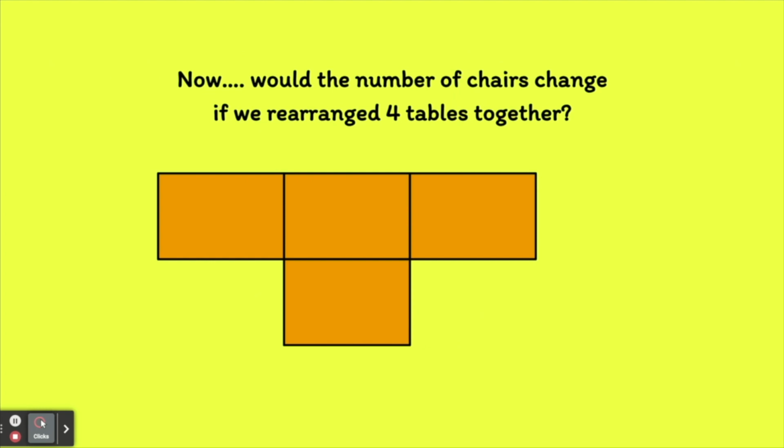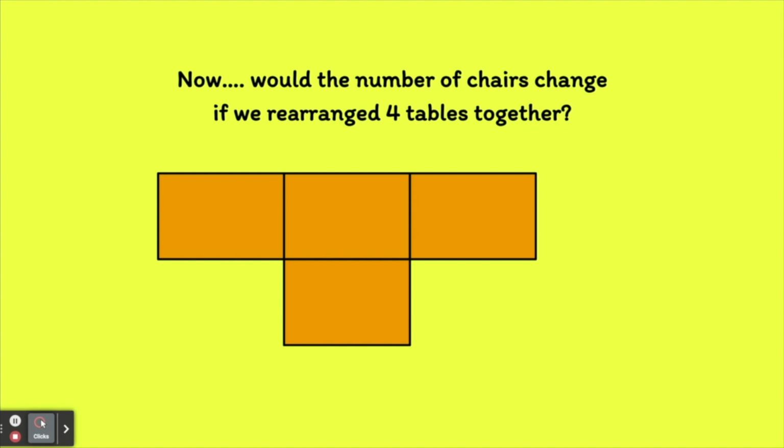All right, let's look at one more. Now, would the number of chairs change if we rearrange 4 tables together? So let's remember, 1 table was 4 chairs, 2 tables was 6 chairs, 3 tables was 8 chairs, and 4 tables were 10 chairs.